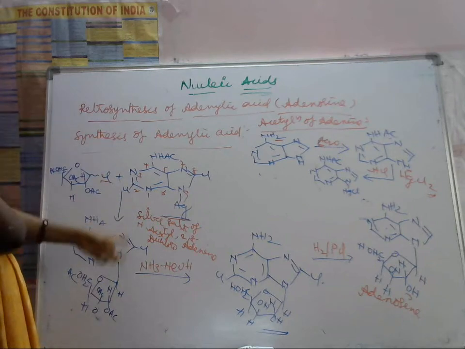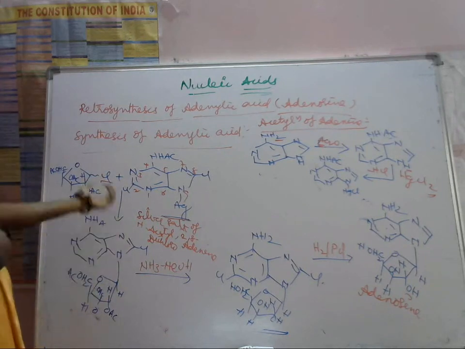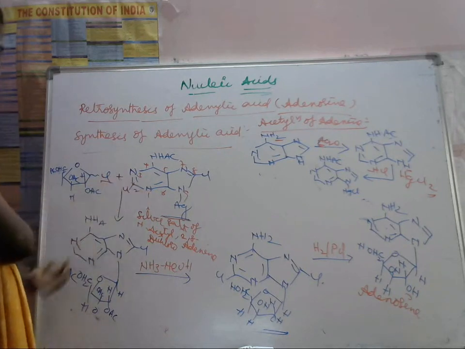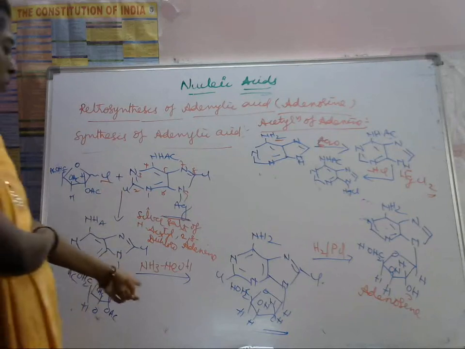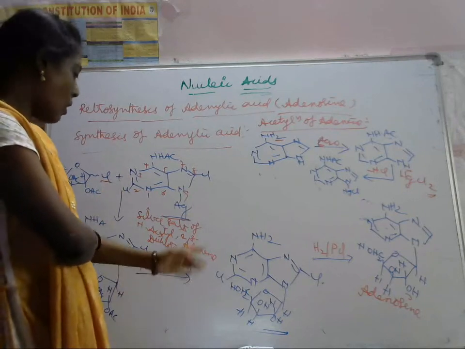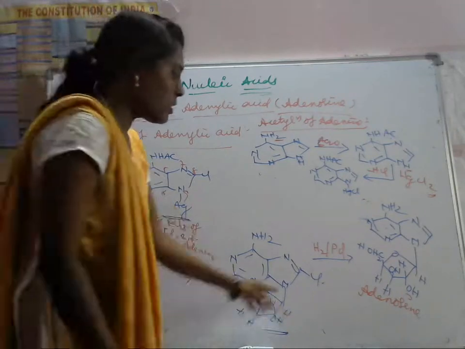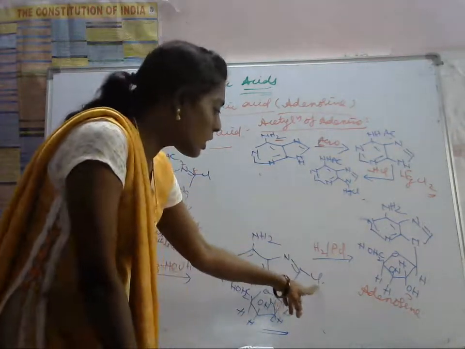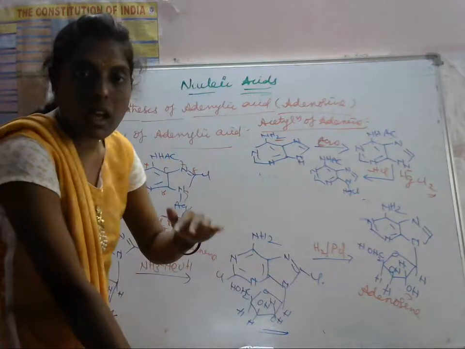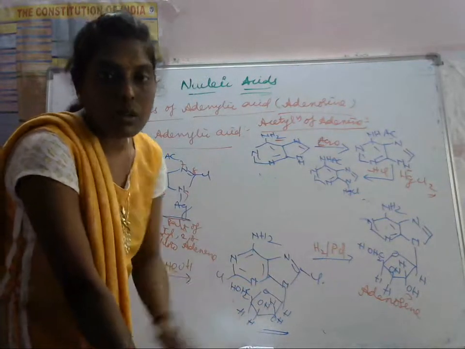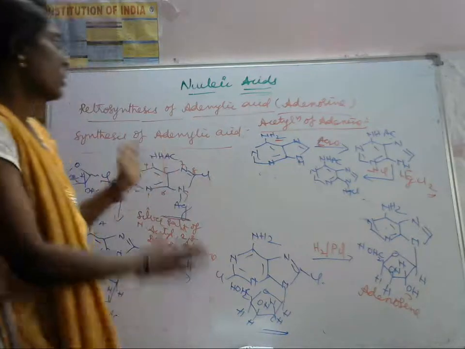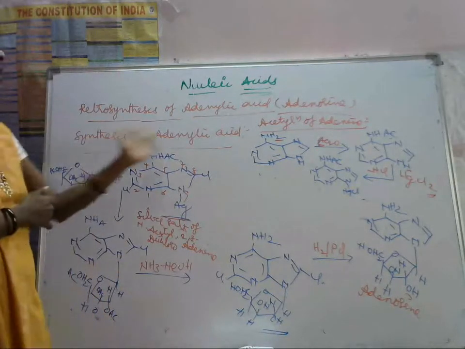If it is treated with this, these two are combined and form this one. If it is treated with ammonia in methanol, all OAc groups will be replaced with OH, and then if it is treated with H2/Pd, it removes Cl and adds the hydrogens. So this is about the synthesis of adenosine.